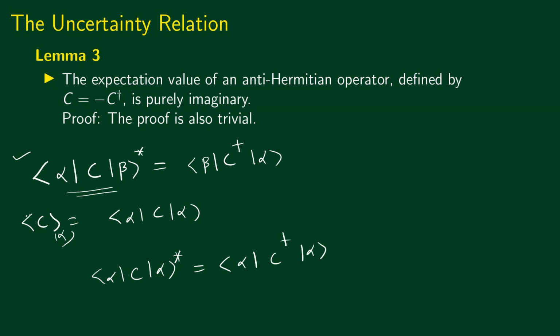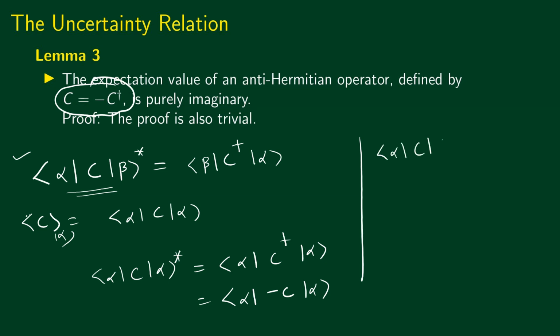For an anti-Hermitian operator, C is actually minus C dagger, or C dagger is minus C. So this is equal to bra alpha minus C ket alpha, and we get the result that bra alpha C ket alpha star is equal to minus bra alpha C ket alpha. So when I take the complex conjugate of this number, I simply get the minus of that number.